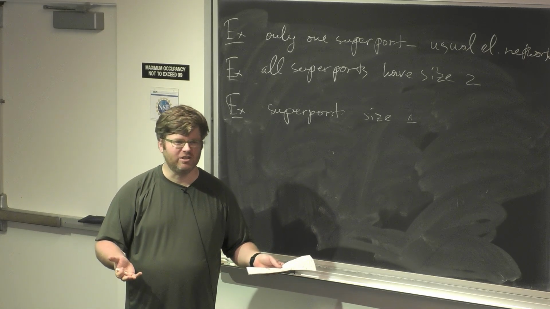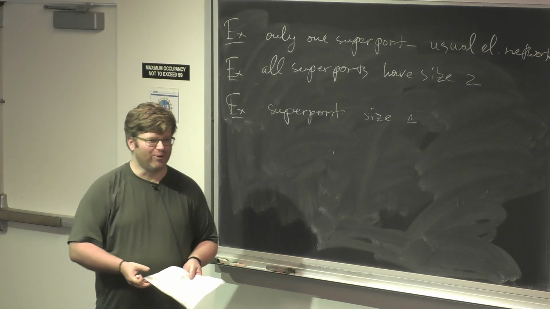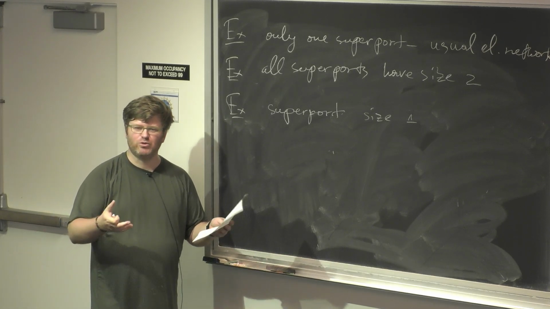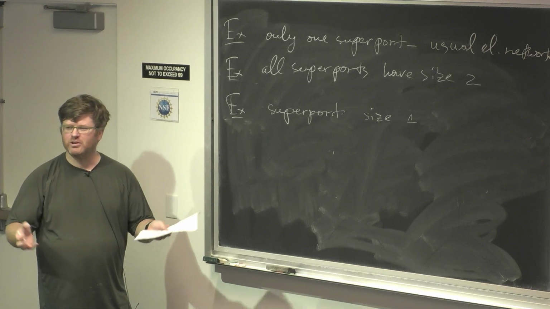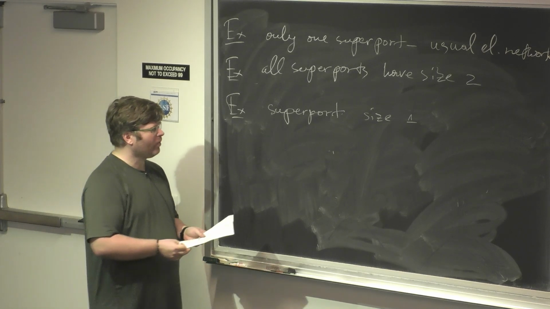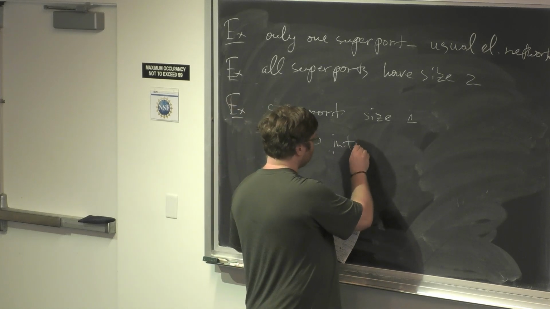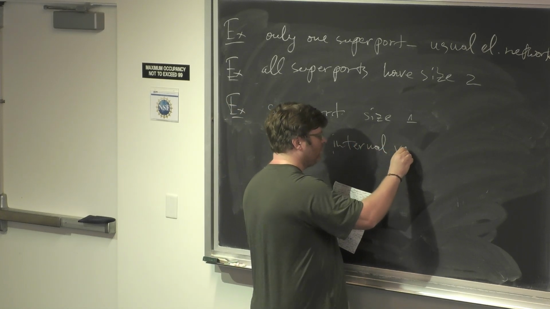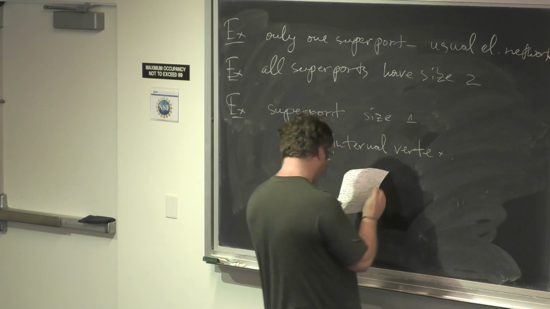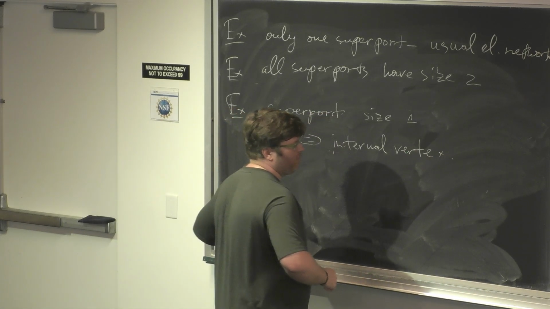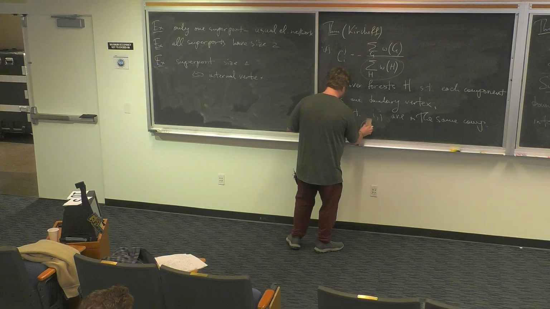So you can think of usual electrical networks as everything is boundary, but with superports, some of those have size 1, so they're internal. So this is the same as an internal vertex.